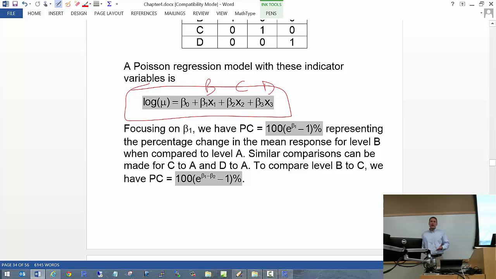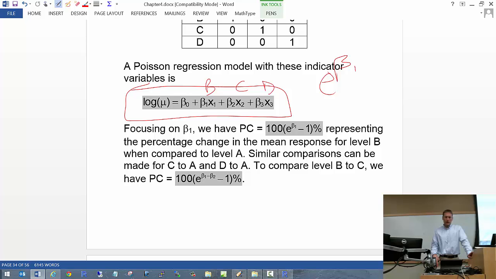Now again, you have to be careful about, if I were to take e to the beta 1, what does that mean? It's not comparing level B to all the other levels. It's actually comparing level B to level A, because A is the base level. We saw that in chapter 2.